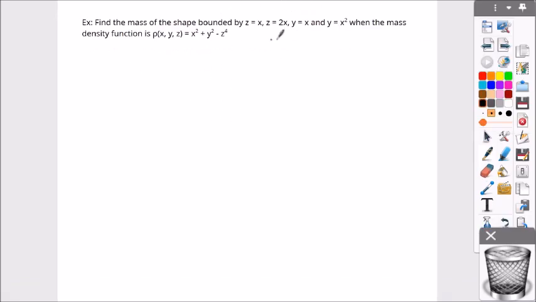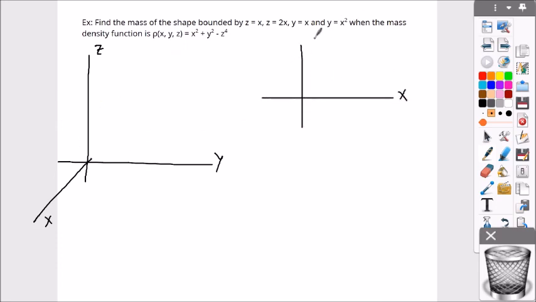So this is the boundary right here. Let's try to draw it at least. If we can't draw it completely, we'll try at first. Remember that we want to do things in the z simple way as much as possible. So z equals x is what? If you spin the graph a little bit, with the xz plane right here, z equals x will be something like this, and z equals 2x will be something like this.